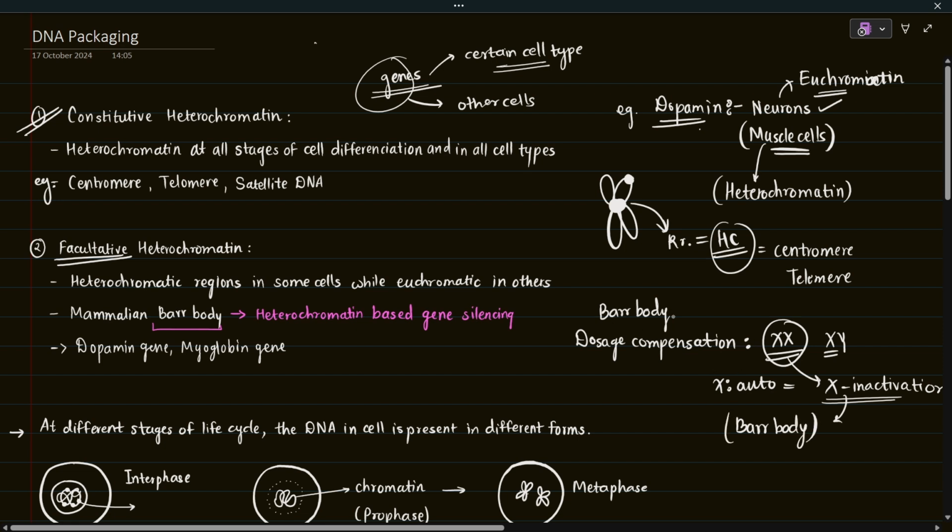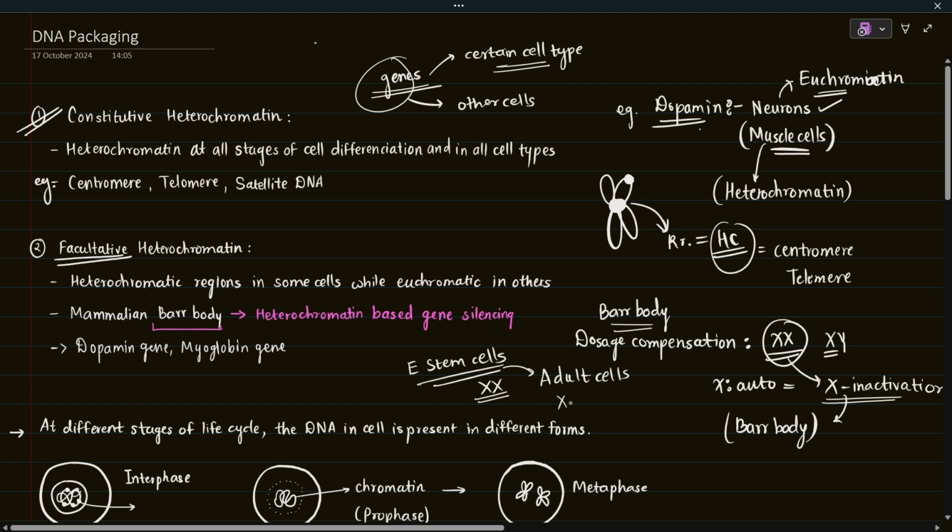Alright. So these bar bodies are present in females. This is a type of facultative heterochromatin because in females there are embryonic stem cells, and in those embryonic stem cells both of the X chromosomes are active. But when those cells differentiate and form adult cells, one X gets inactivated.